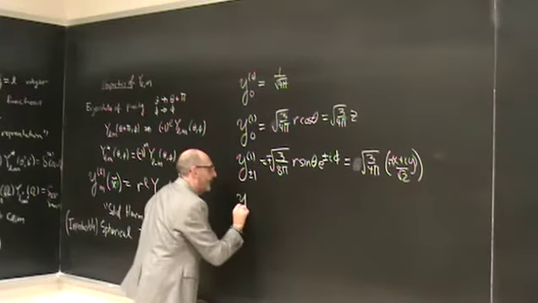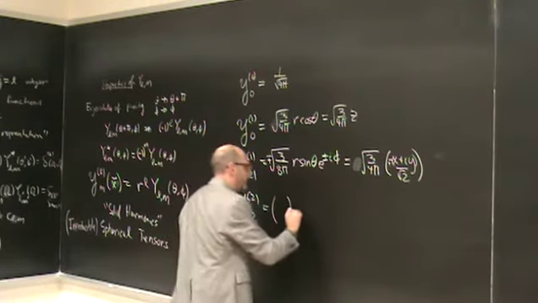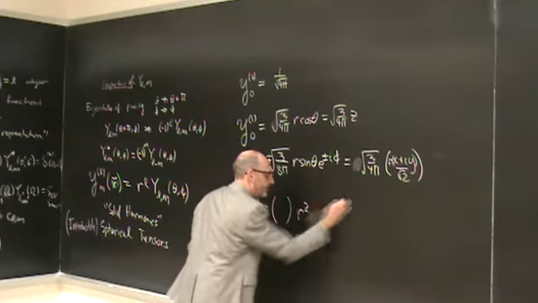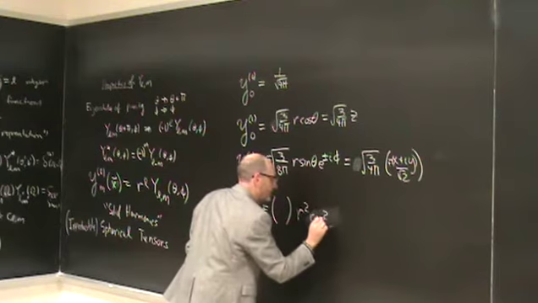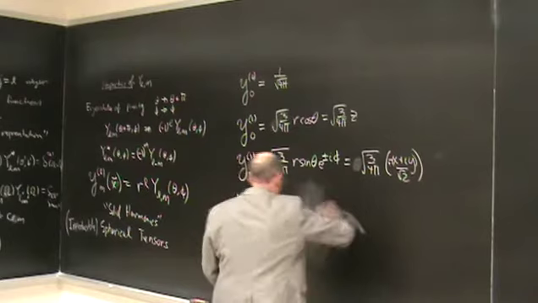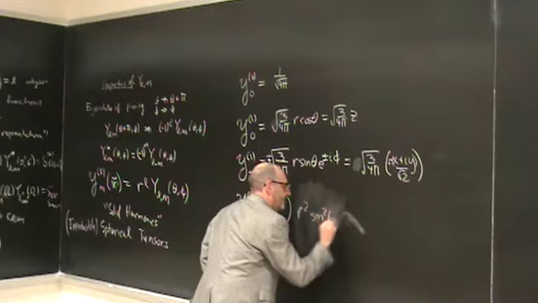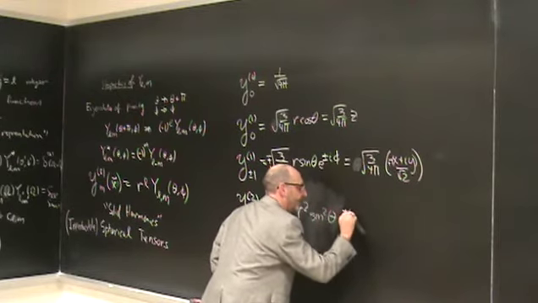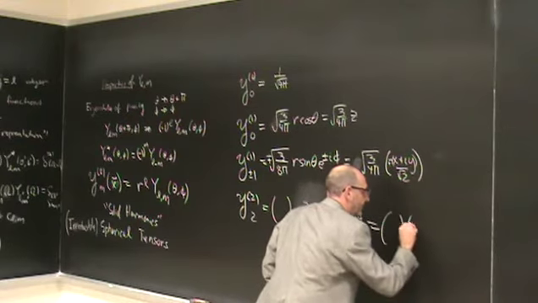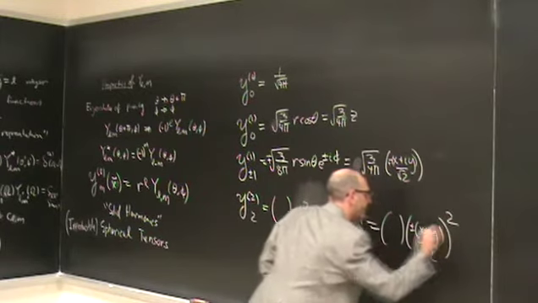And we can go on from there. For example, Y2, plus or minus 2 is some factor times r squared sine squared theta e to the plus or minus 2i phi, which is some factor times plus or minus x plus or minus iy over root 2, squared.